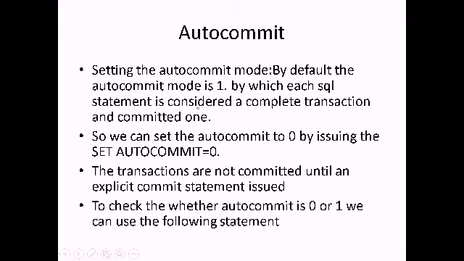That is the reason we have to set autocommit to 0. We can do this by issuing SET autocommit = 0. With the help of this statement, we can change the default mode from 1 to 0.